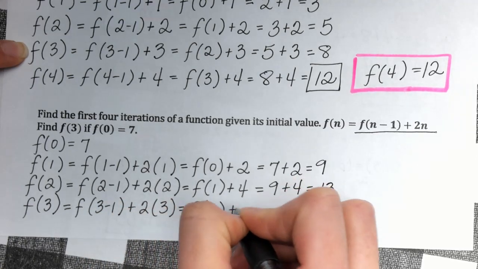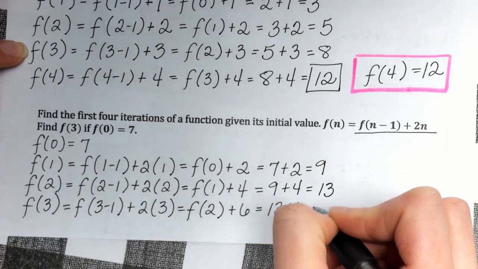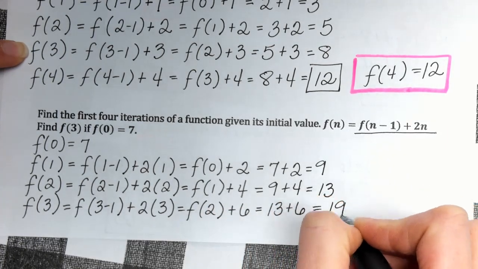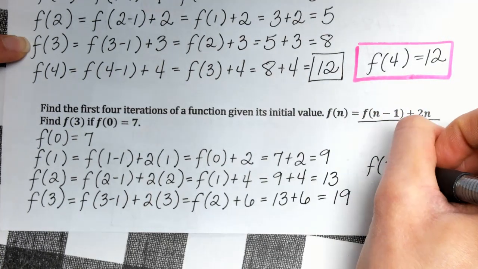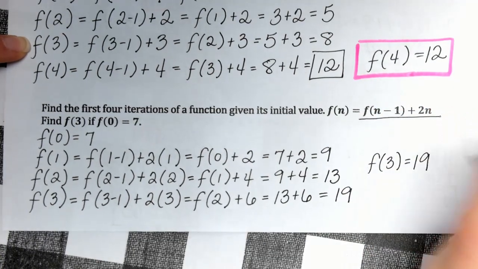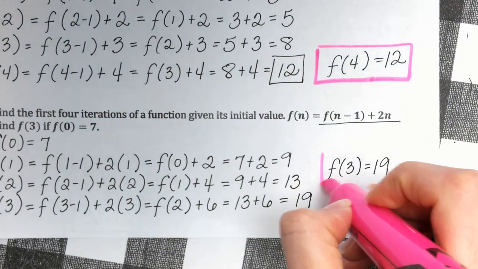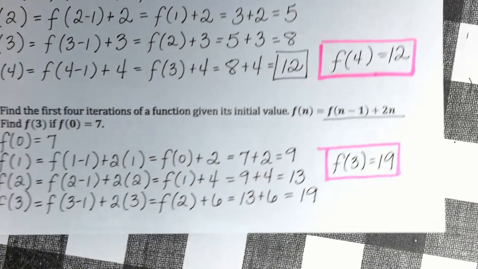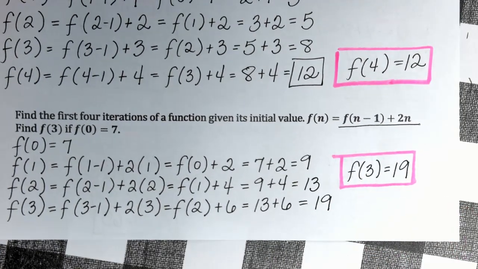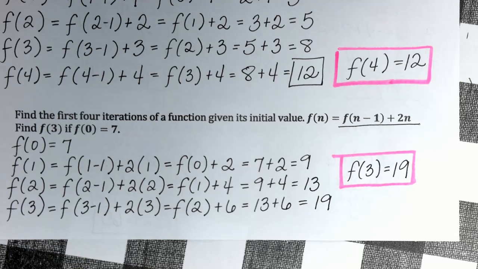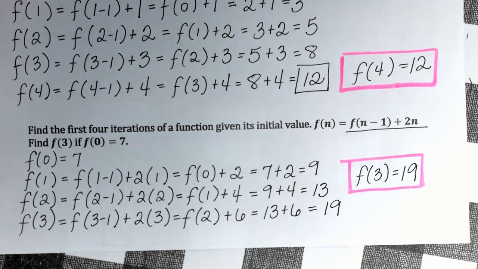F of 2 plus 6. So f of 3 is equal to 19. Make sure you answer it with what your instructions is telling you. It's telling me to find f of 3, so f of 3 equals 19. We good with that? Do we have questions?